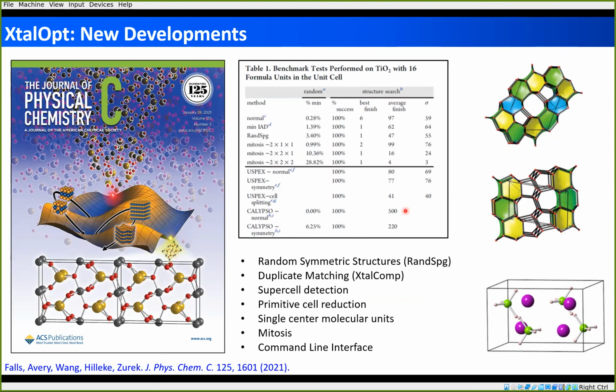For example, it's been shown that in your first generation of structures, if they have space group symmetry, you are going to evolve to the global minimum much more quickly, typically, than if you just choose a completely random population of structures. We've also introduced ways to duplicate match, so to remove structures from your breeding pool that are duplicates to some user-specified amount.